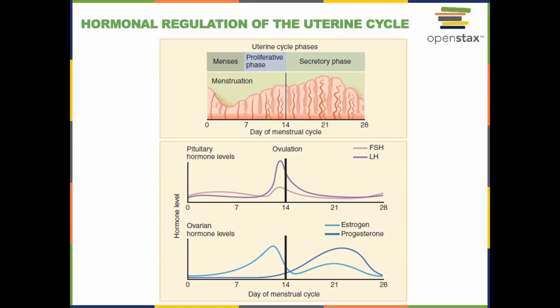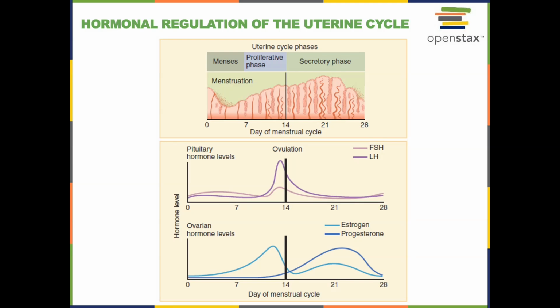After ovulation, levels of progesterone rise, and progesterone will stimulate the secretory phase of the uterine cycle. Progesterone stimulates the uterine glands to produce secretions and stimulates the maintenance of the stratum functionalis in the endometrium in preparation for implantation of an embryo.